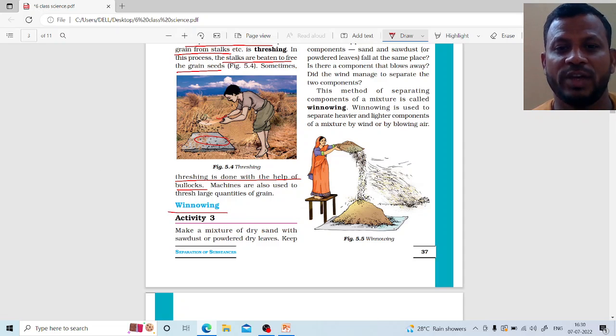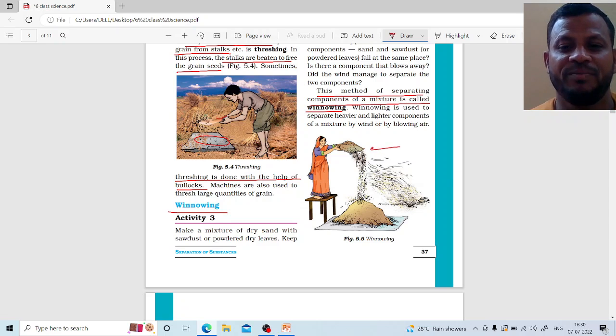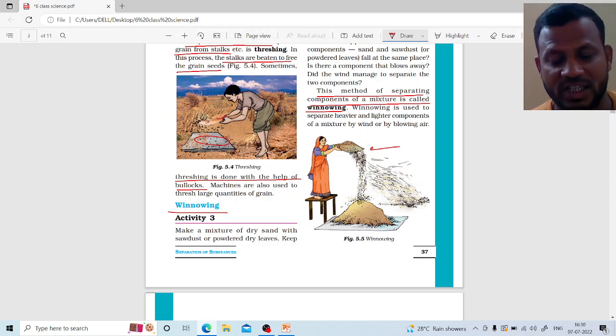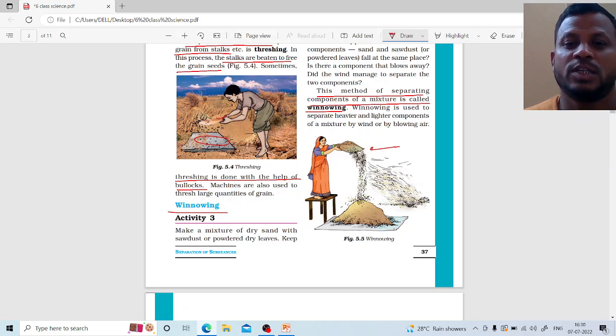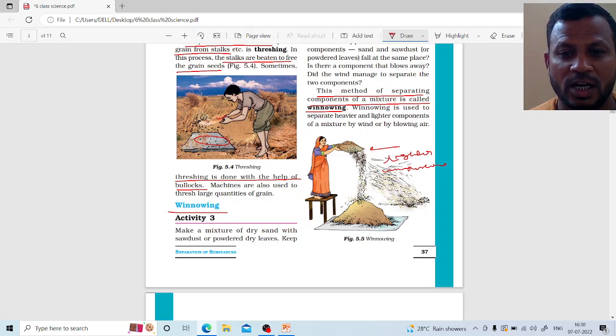What is winnowing? This method of separating the components of a mixture is called winnowing. Here you can see the lady slowly letting the grains fall when the air is blown speedily. The lighter impurities are blown away with the air.